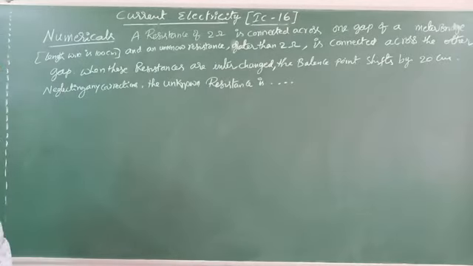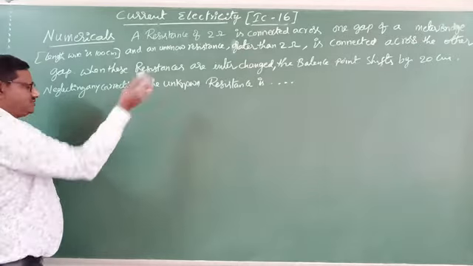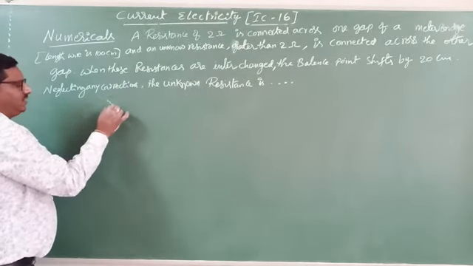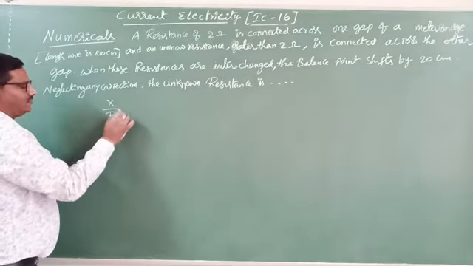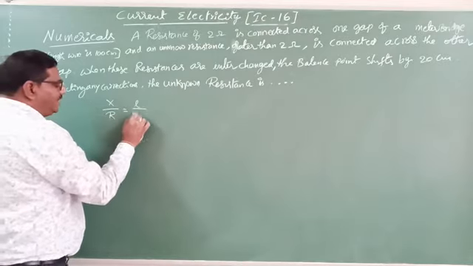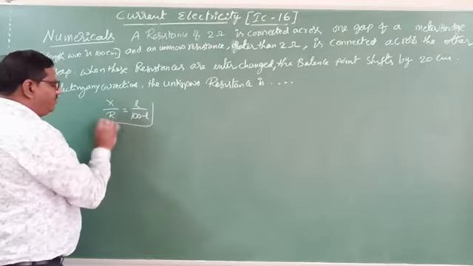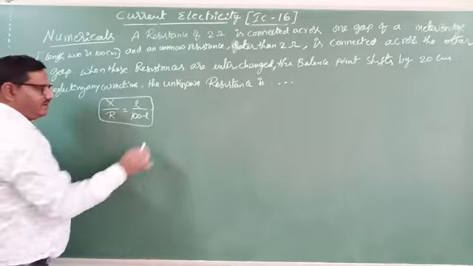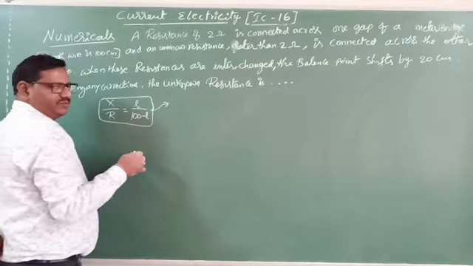Then by using this data, what can you write? Already we know one small formula, x by r equals L by 100 minus L. This is the Wheatstone bridge principle only.